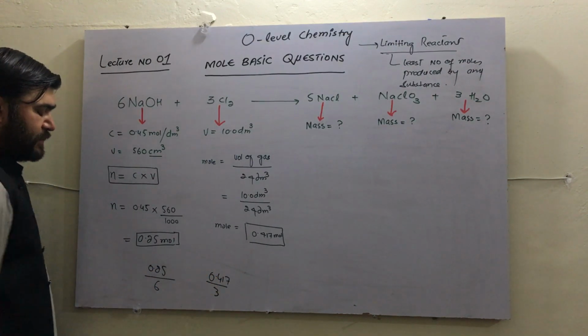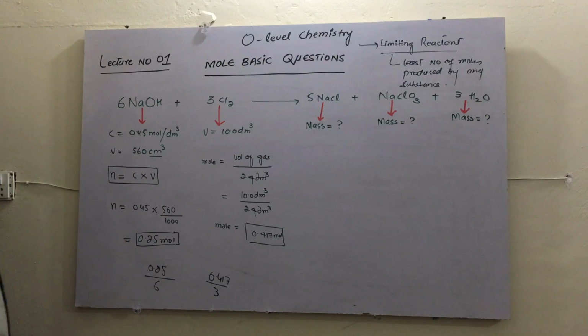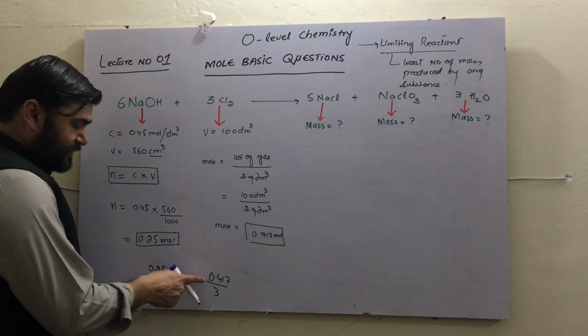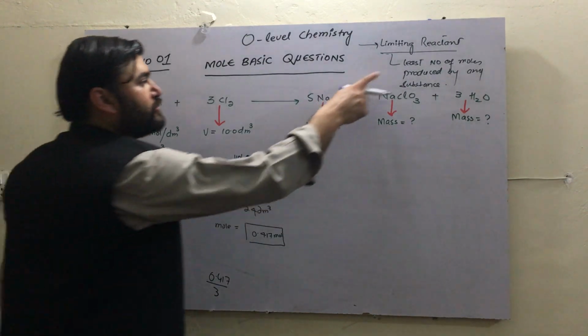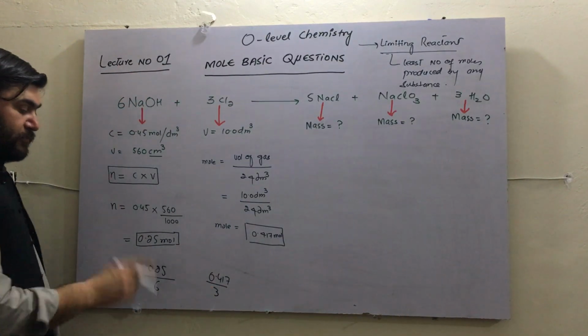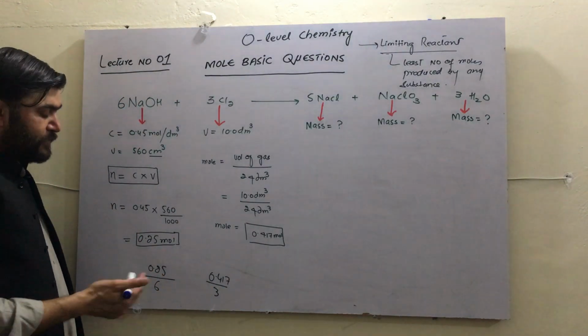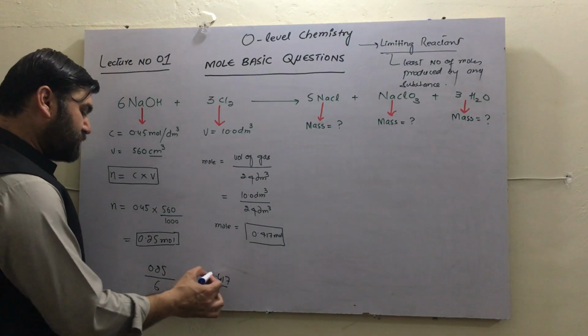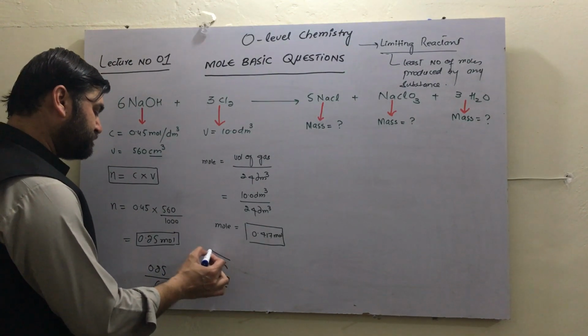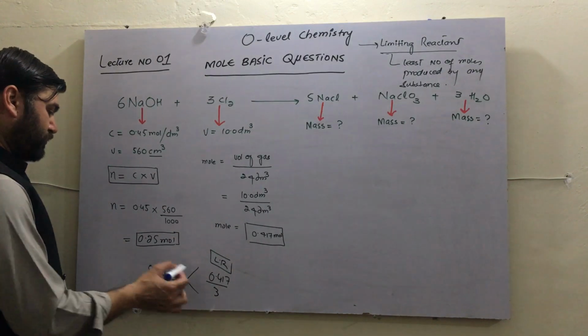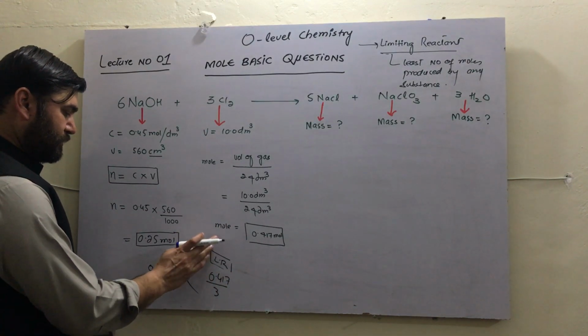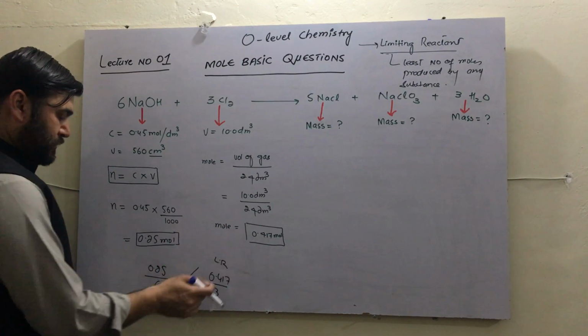That will give you the best idea. The substance which produces the least number of moles is the limiting reactant, and the other one will be in excess. Here, this one is not the limiting reactant, because it is greater once we divide.